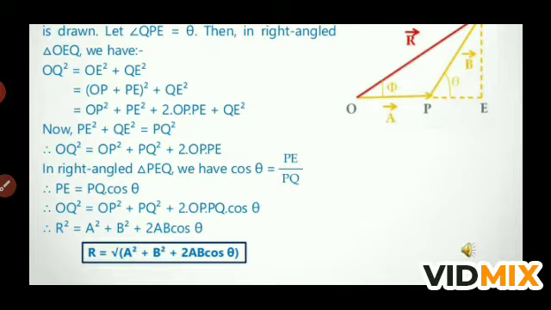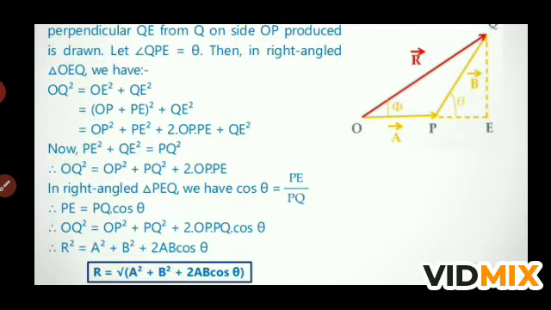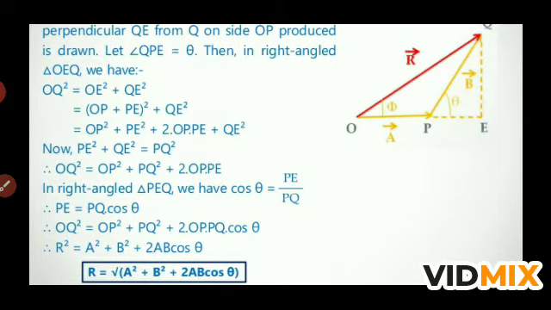So the resultant R is equal to the square root of A square plus B square plus 2AB cos theta. It means if two vectors are given at an angle theta, and you know theta, you can find the resultant using this relation. We are not going to draw; we just put the values into this relation and get the resultant. This is the analytical method of addition of two vectors at some angle.